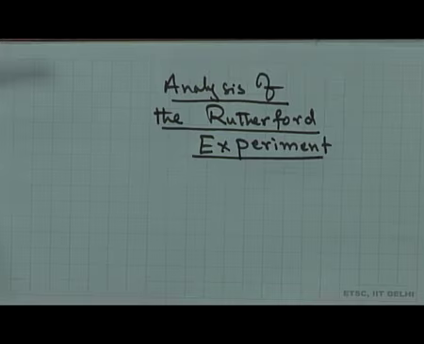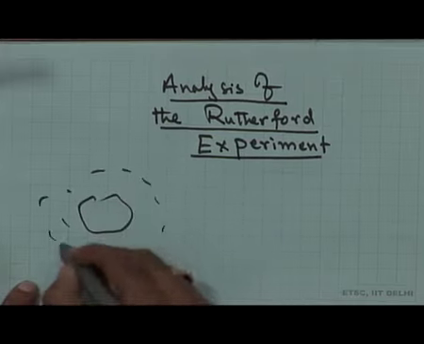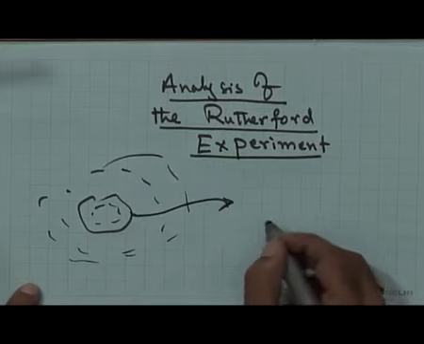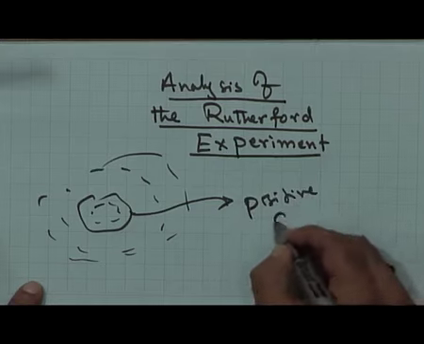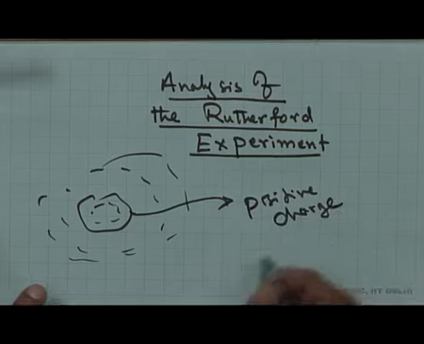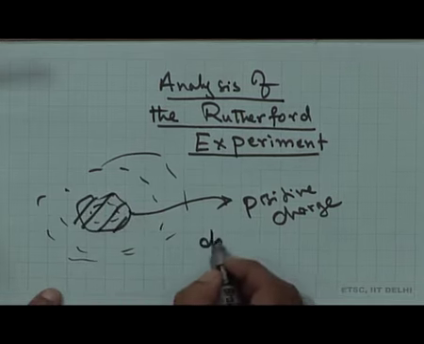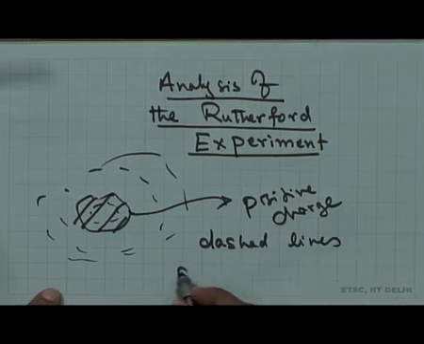So, let us make a crude picture of an atom. This solid line denotes positive charge. So, positive charge is distributed here, and all dashed lines denote electrons.